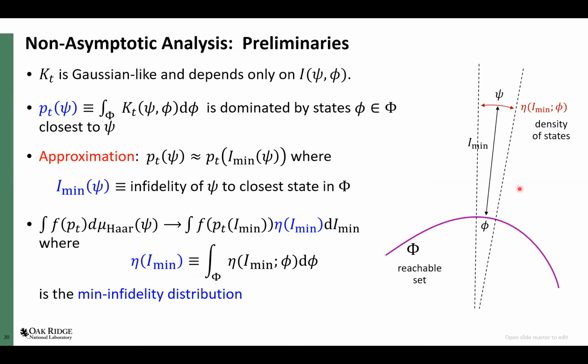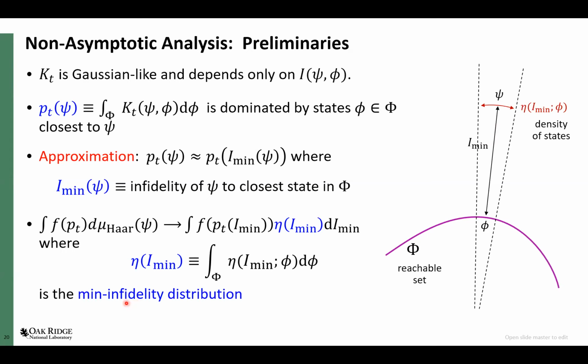Imagine we've got some arbitrary state psi in Hilbert space, and we ask what's the closest state in our manifold? That has a certain infidelity, we'll call it I min. Then we ask what is the density, or distribution, of states with a given minimum distance to the manifold? That's what I'm calling eta here.